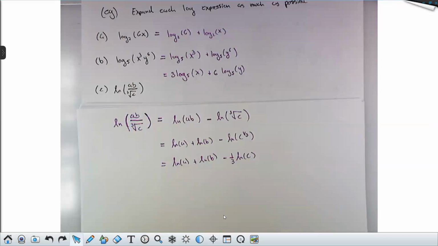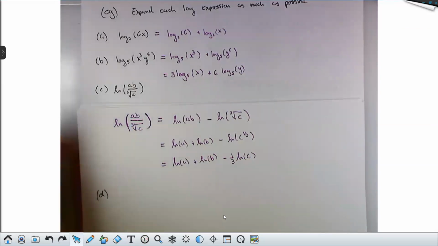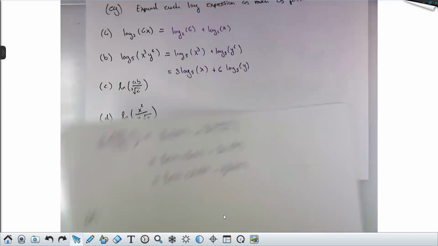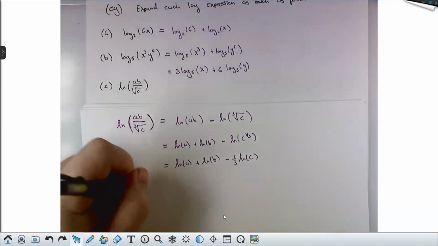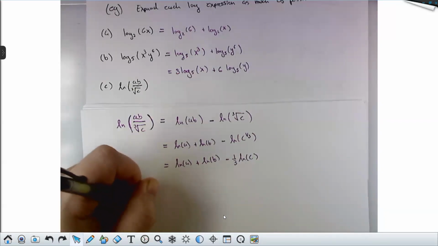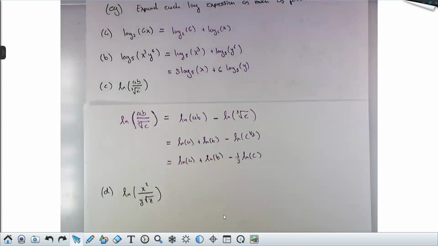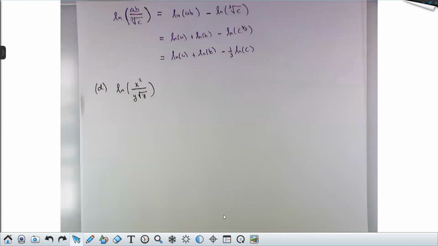All right, part B, I'll just rewrite it here, asked us to expand the ln of x squared over y times the square root of z. So again, the outermost thing I see going on in here is this division.